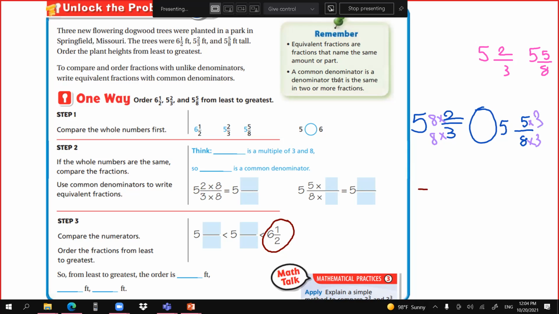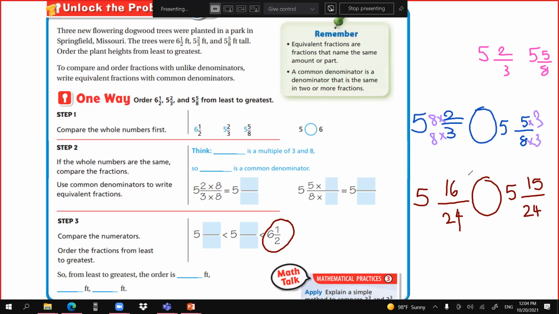Then, what do we have here? 8 times 2, 16. 8 times 3, 24. Comparing with 5 times 3, 15/24.